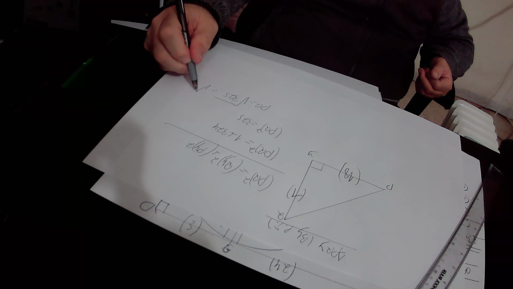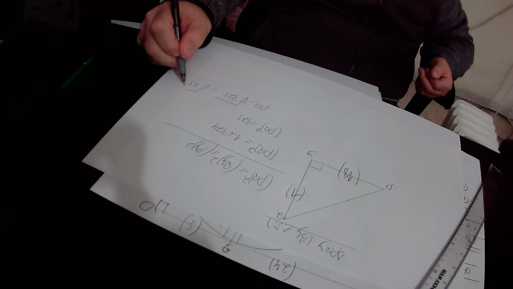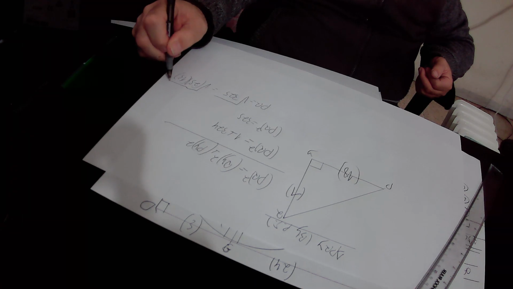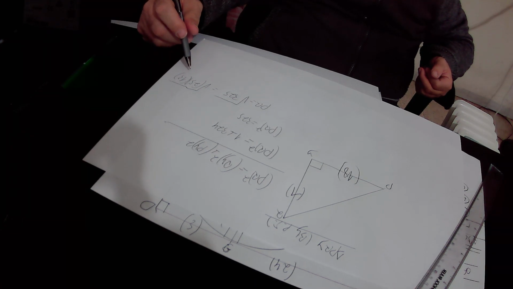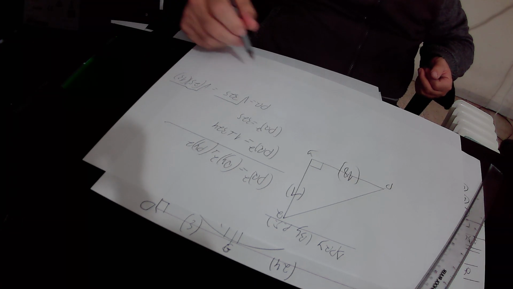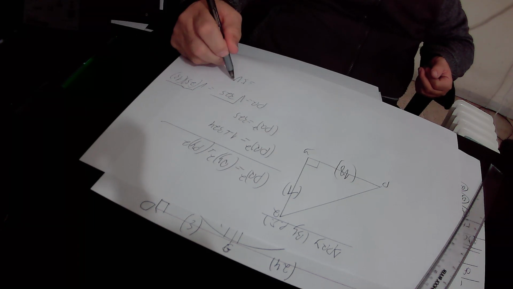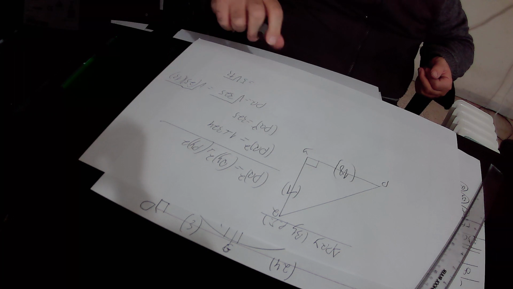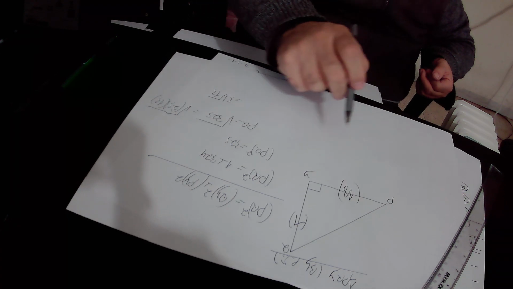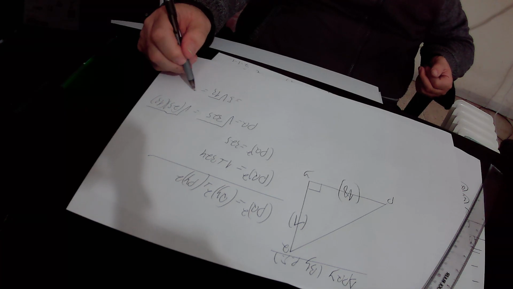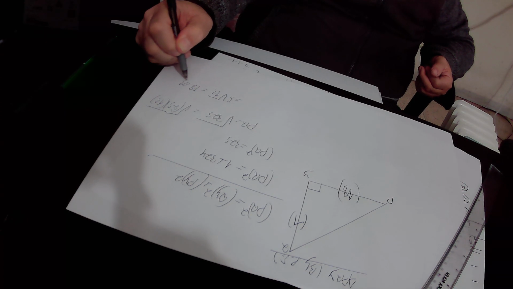But 325 is 25 times 13. We take 25 out of this root, and the square root of 25 is 5. Inside the root we are left only with 13. In conclusion, we found that the length of the hypotenuse QP is equal to 5 times the root of 13 units, or in terms of numbers, 18.03 units.